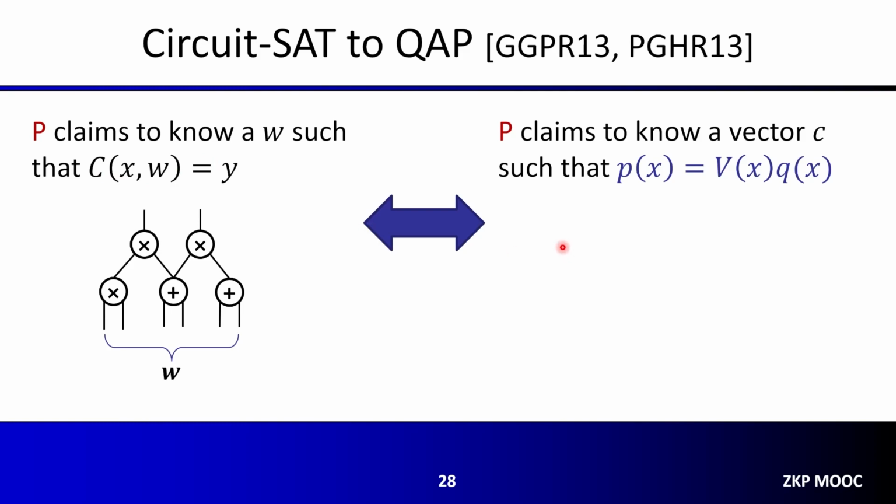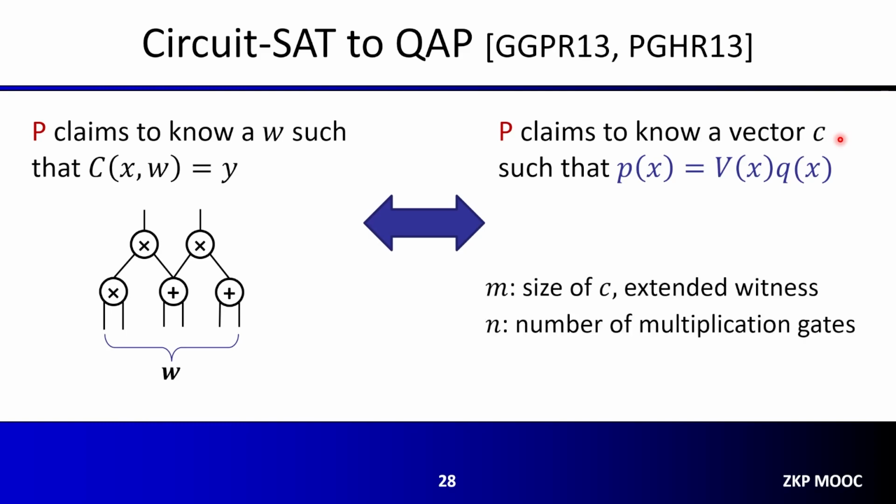Through this entire definition of selector polynomials, the master polynomial, and the vanishing polynomial, it is equivalent to say that the prover P claims to know a vector C, which is a trace of this computation, such that this master polynomial P of x can be written as V of x times Q of x. They are equivalent conditions. As long as you can do this, it means that this vector C is the correct trace evaluated using the circuit.